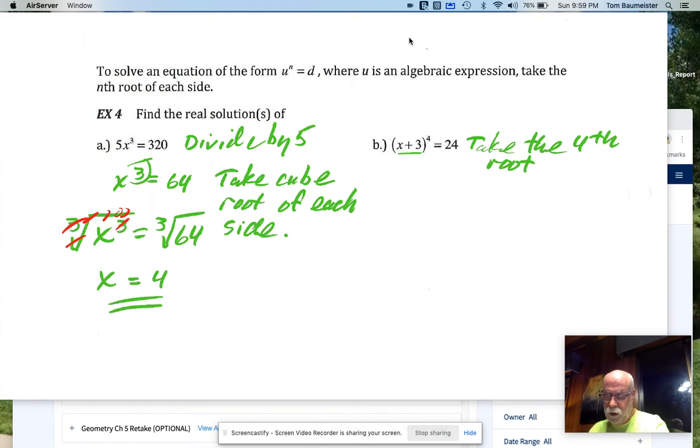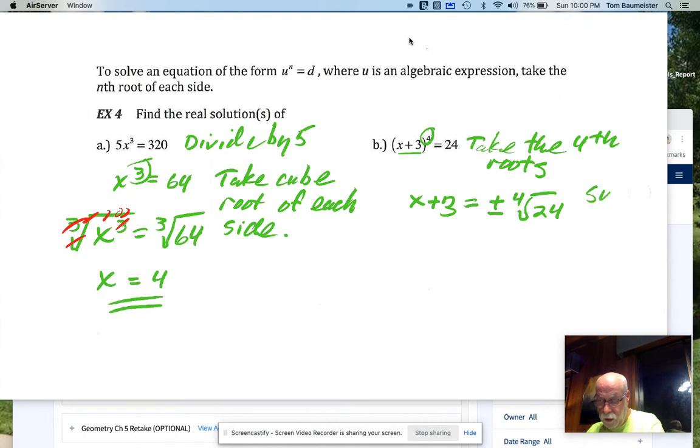Or roots. Why do I say or roots? Because remember, since this is even, we know that we're going to have x plus 3, and it's going to be plus or minus the fourth root of 24. Now to get x by itself, what do I need to do?